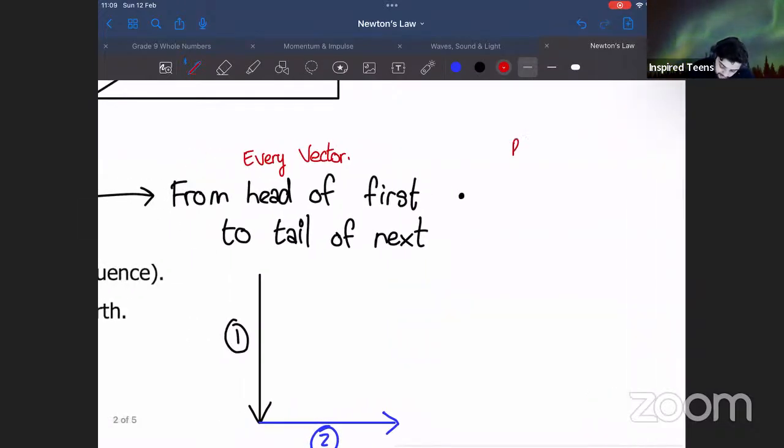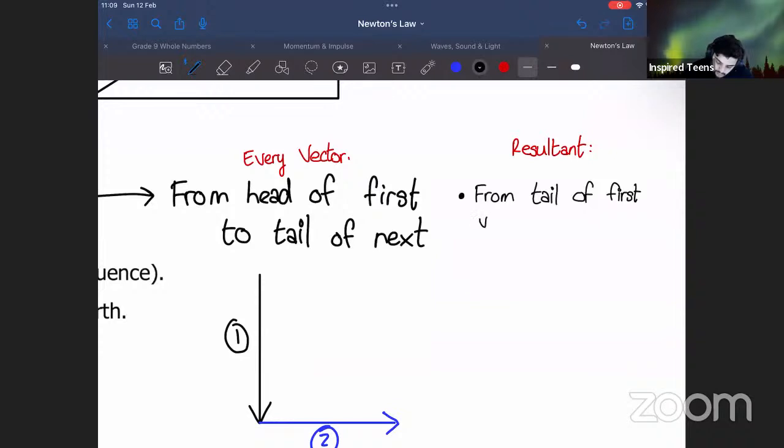The resultant vector, however, is always from the tail of the first vector, the very first vector, to the head of the last vector.